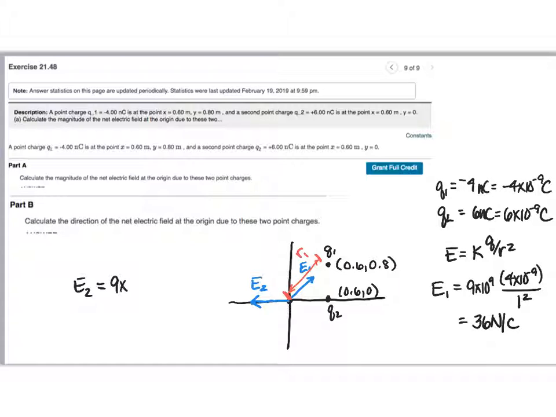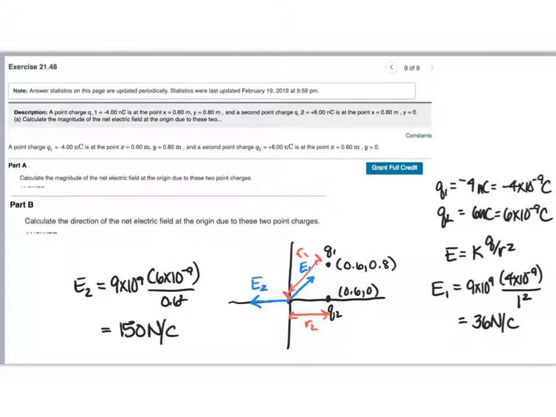It's 9 times 10 to the 9th, 6 times 10 to the minus 9. The distance here is just the distance between the origin and Q2. That one is just 0.6. And so this answer, I get 150 newtons per coulomb.